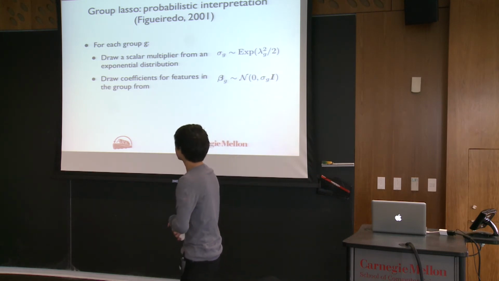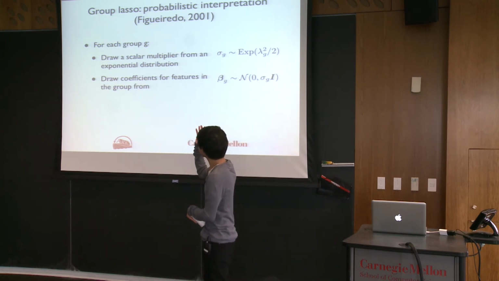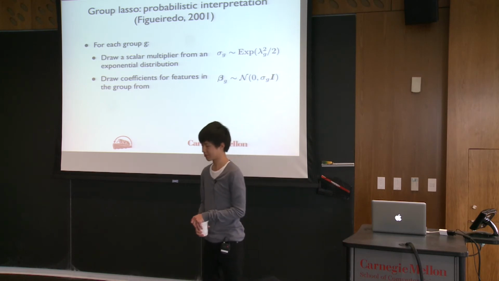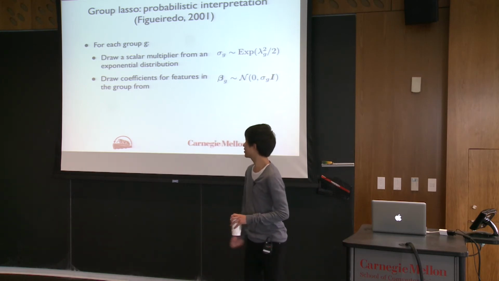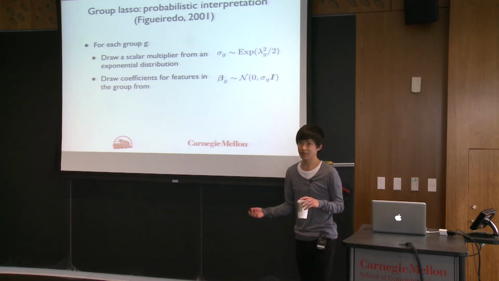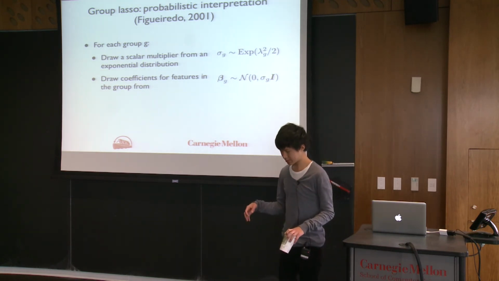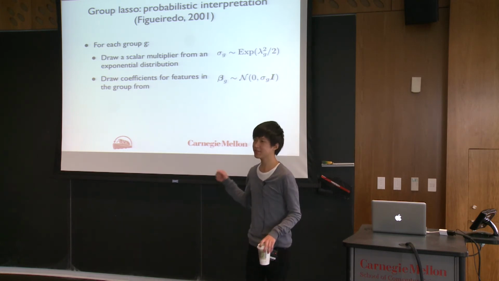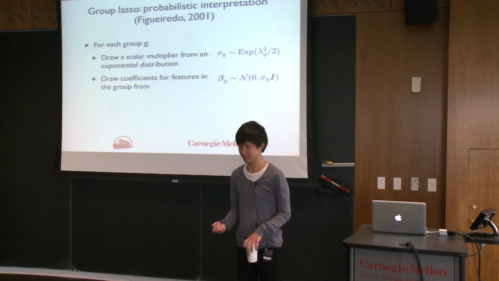This is from a paper by Figueiredo et al., 2001. Somewhere, I don't remember, I'm sorry. But we can interpret group lasso probabilistically. This is for non-overlapping group lasso, which is important.